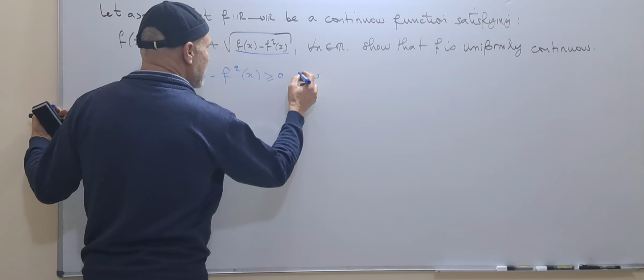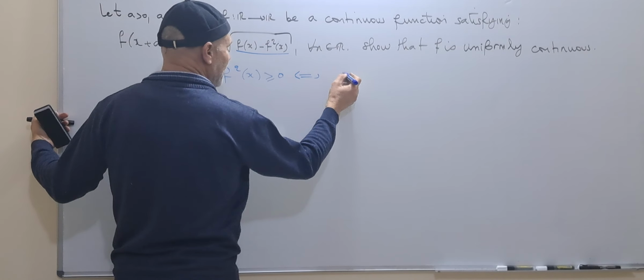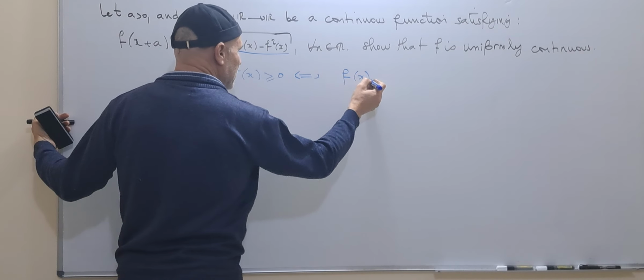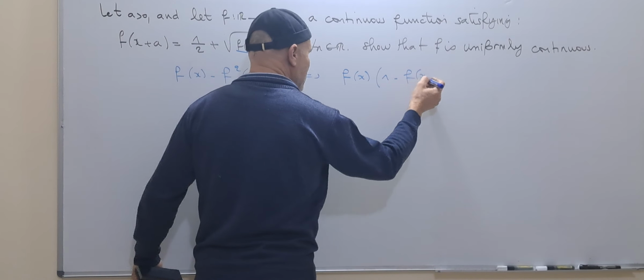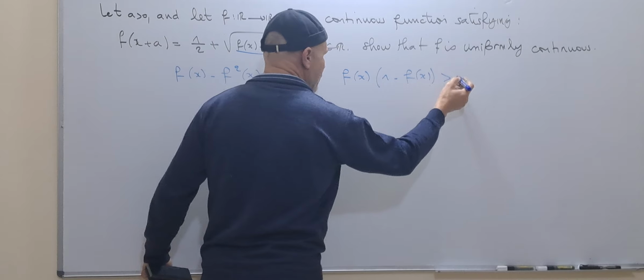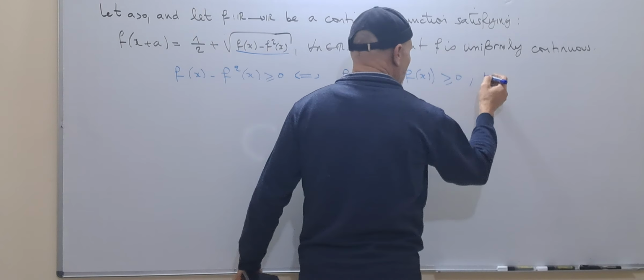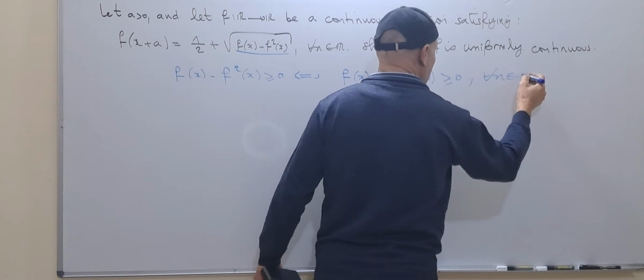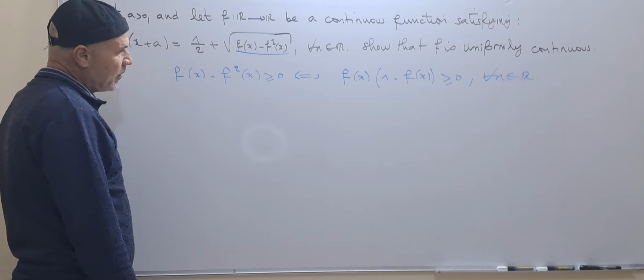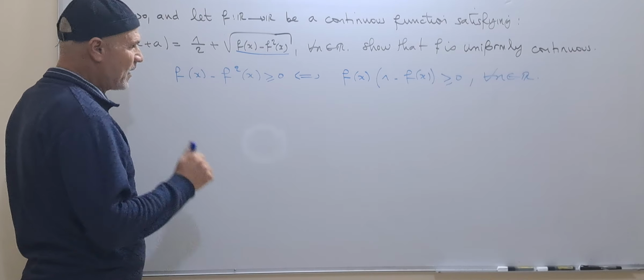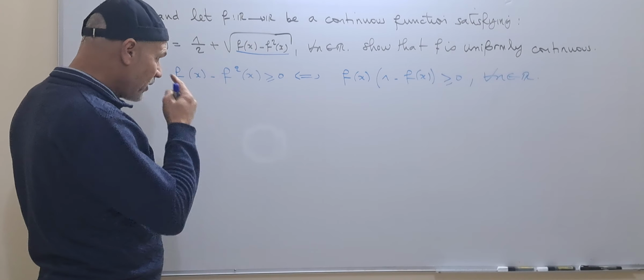So this is equivalent to saying that f of x times 1 minus f of x is greater than or equal to 0 for all x in R. This is the first remark.